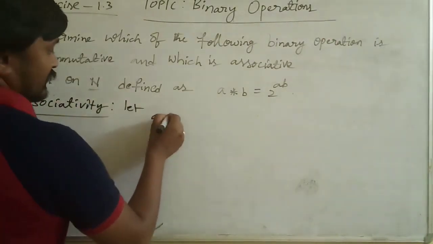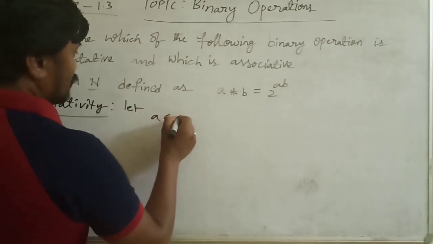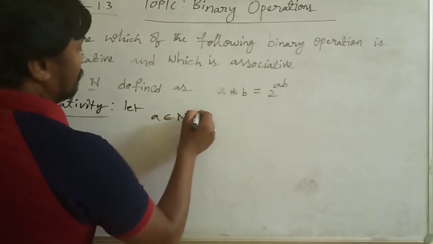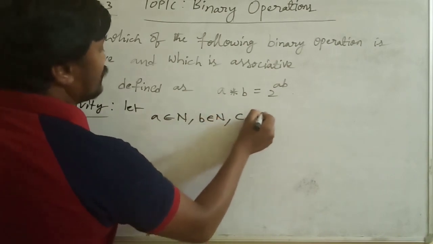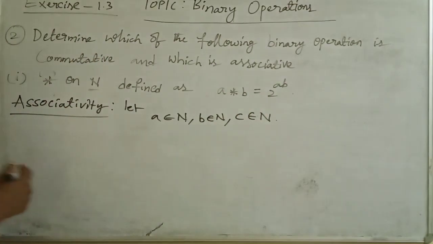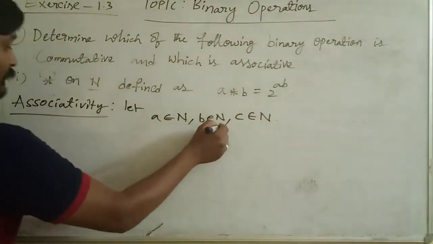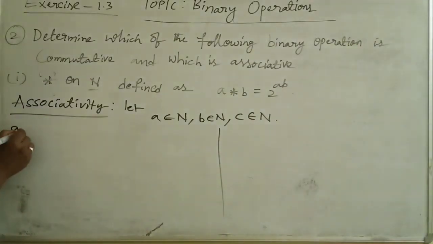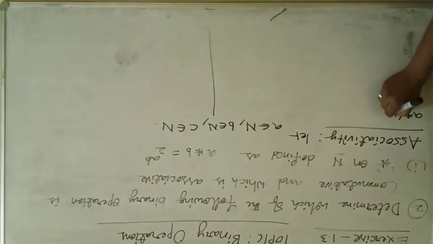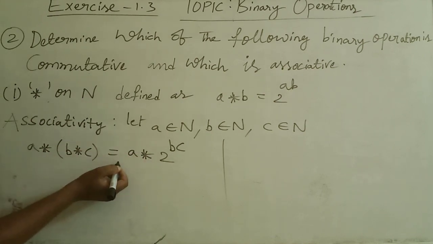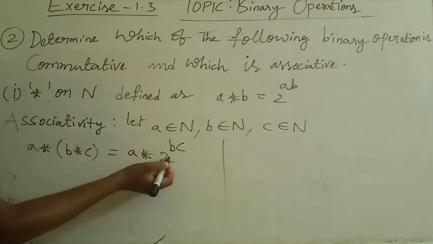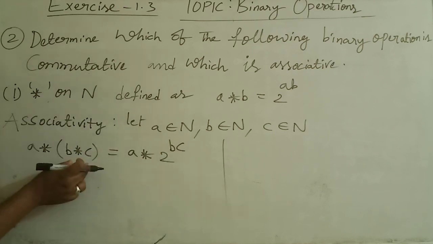Let A belong to N, B belong to N, C belong to N. Now first let me consider A star B star C, that is A star (B star C).